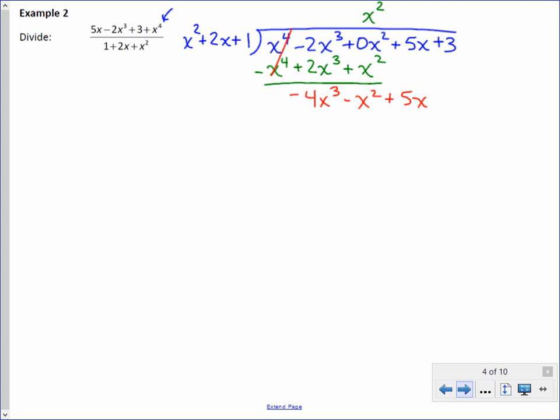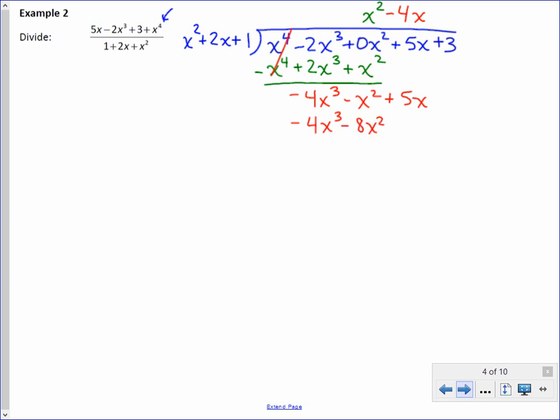So now I have to ask myself, what do I multiply x squared by to get negative 4x cubed? Negative 4x. Okay. So negative 4x times x squared is negative 4x cubed. Negative 4x times positive 2x is negative 8x squared.